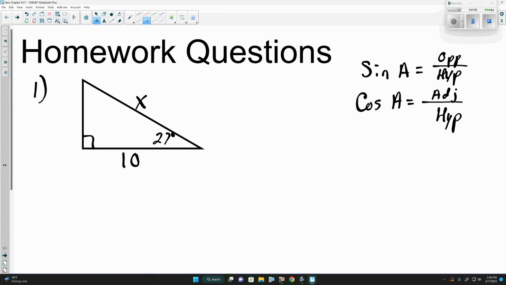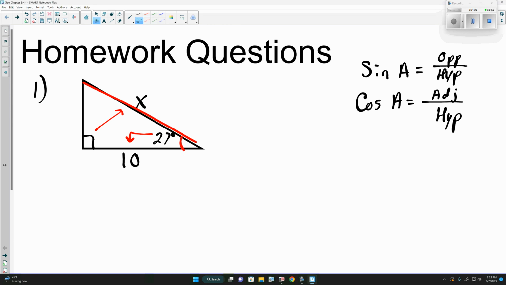Now, we're given this angle here, 27 degrees. The side we want to solve for, x, is the hypotenuse because it's opposite the right angle. That doesn't tell us much because sine and cosine both have the hypotenuse. The other side given to us is the side length of 10. Is that adjacent or opposite the 27 degrees?